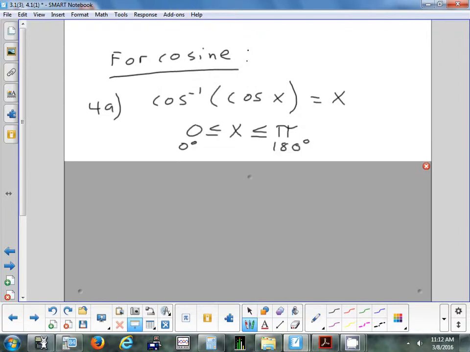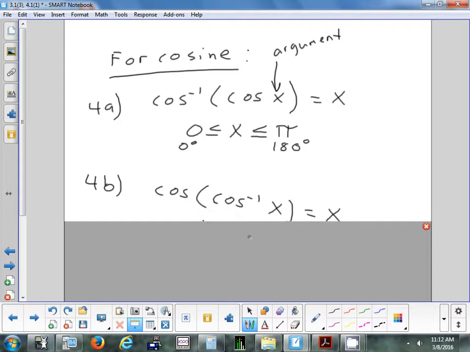And that's our restriction here. I'm not going to type this in on the calculator, but if you want to try one, you can. In order for this formula to work, your argument, that thing right there, has got to be between 0 and 180. And formula 4b just switches around where the regular cosine and the inverse are.